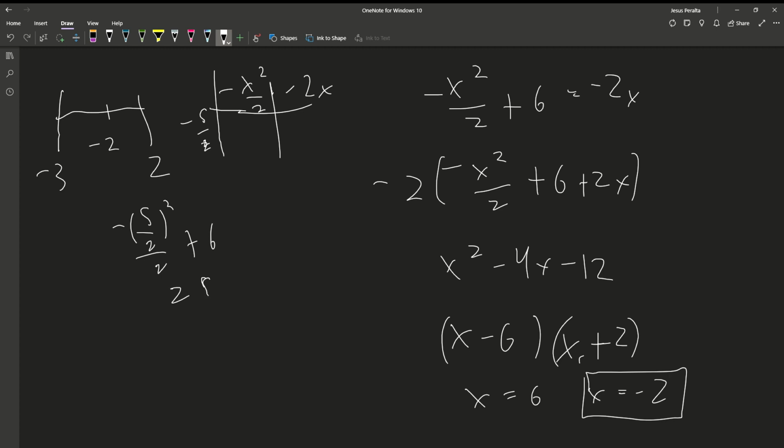Negative 25 over 8 plus 6, then that's going to be 48 minus 25, which is going to be 17. So then we have 17 over 8. Actually, I did that wrong. 6 times 8, yeah, no, I was right. So then we're gonna have 17 over 8, and then we plug in negative 5 over 2 in the other one.